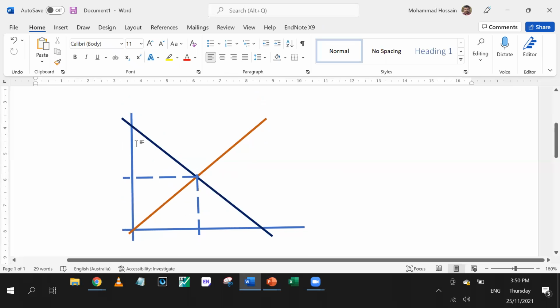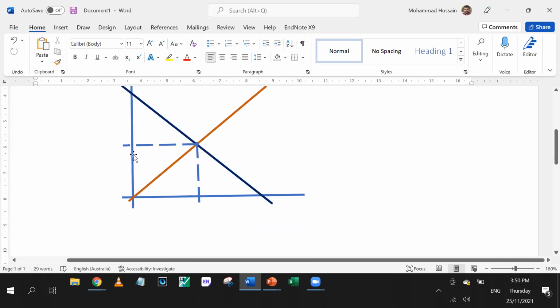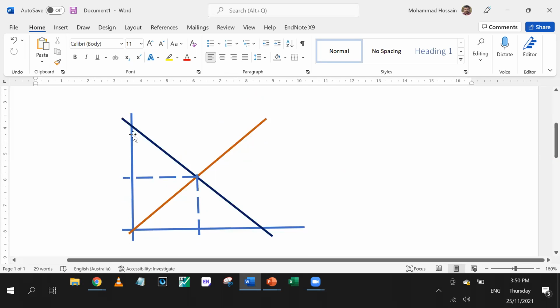So this triangle will be your consumer surplus.